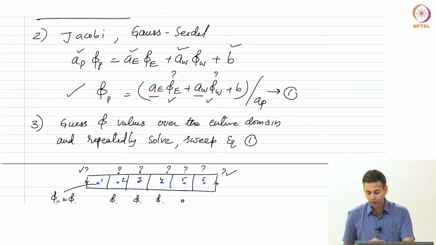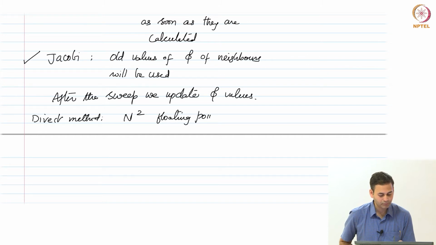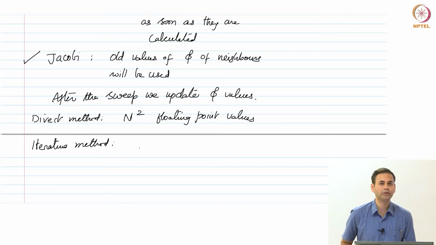So, in the direct method we store n square floating point values, whereas in the iterative method, how many do we need?